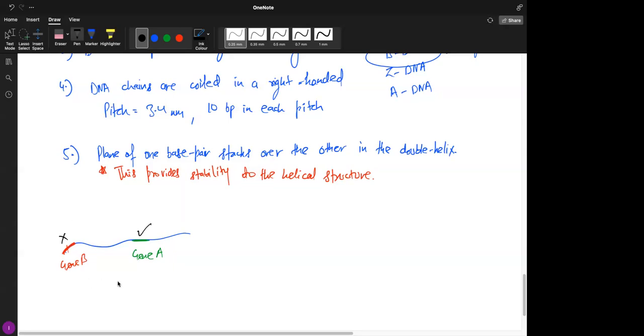So let's say this piece of DNA is present in our heart tissue. This gene is important, so it should express, and this gene is not required in the heart, so it should be silenced. So how can you do that?